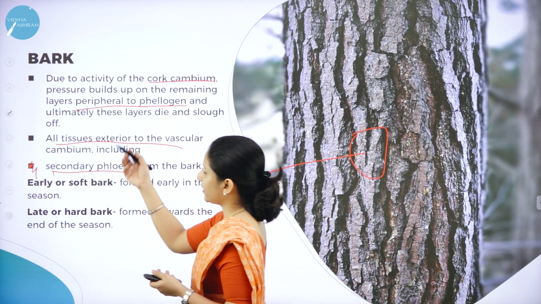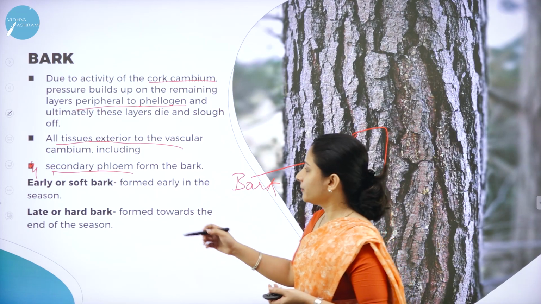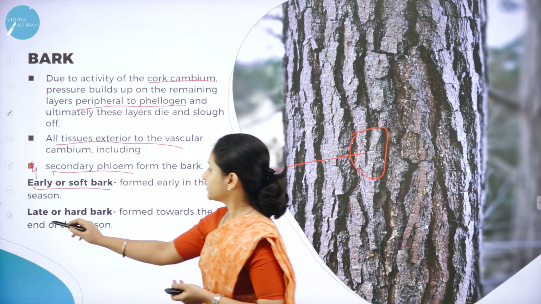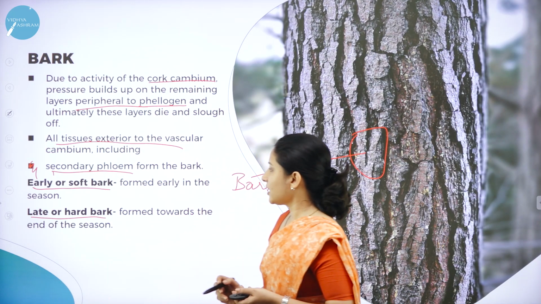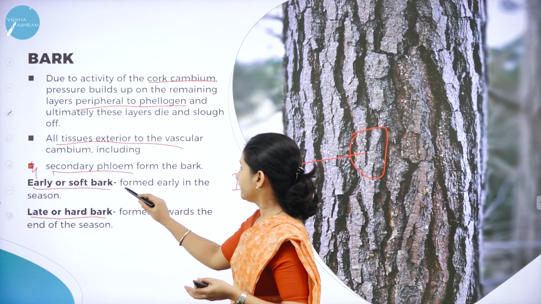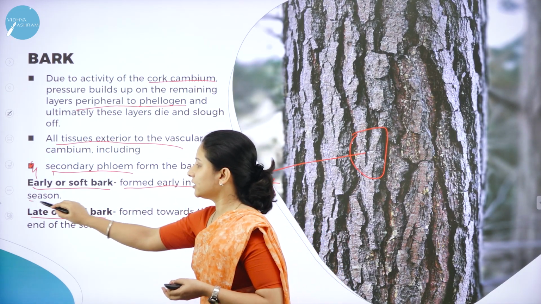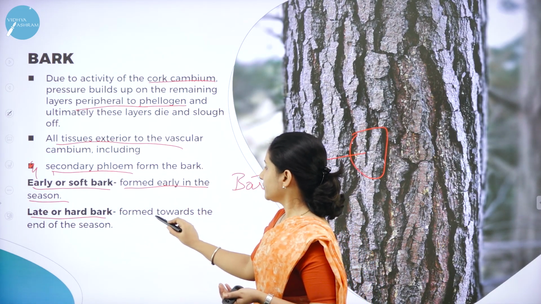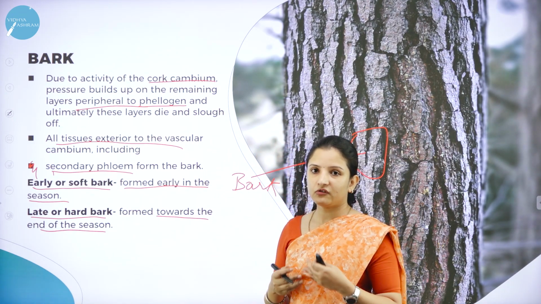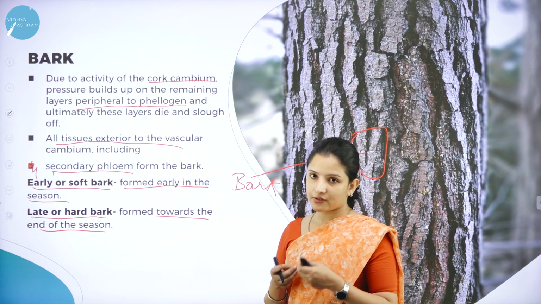Therefore, depending on the type of bark that is formed, there is early bark, also called soft bark, and there is late bark, also called hard bark. The early bark or soft bark is usually formed during the early season, and the late bark is formed towards the end of the season. So these are the two types of bark. Early barks are usually soft.